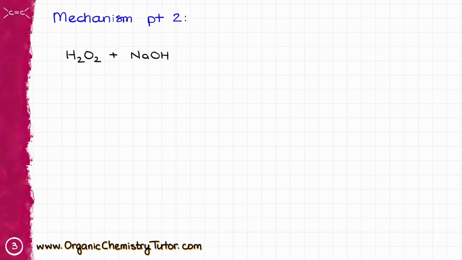Now, when these two species are present in the solution with each other, there is an equilibrium, an acid-base reaction that's going to happen between them, and we are going to form Na+ with OOH-, the peroxide anion, and we are going to have water as a co-product in this reaction.